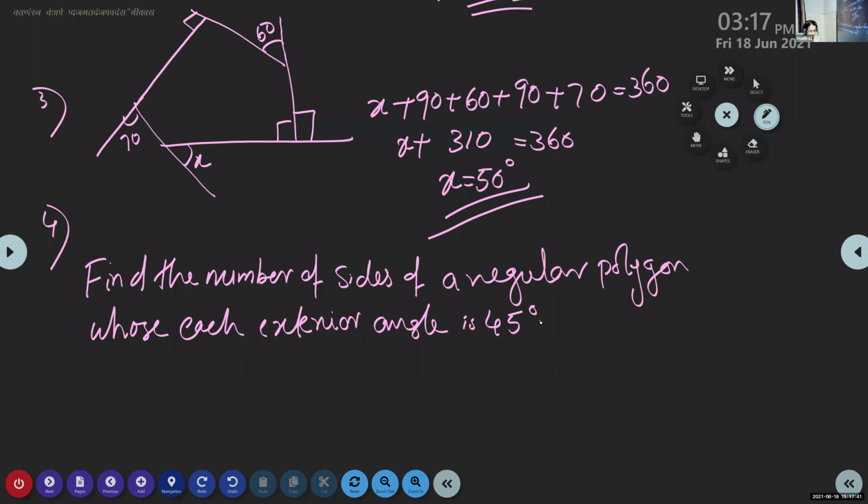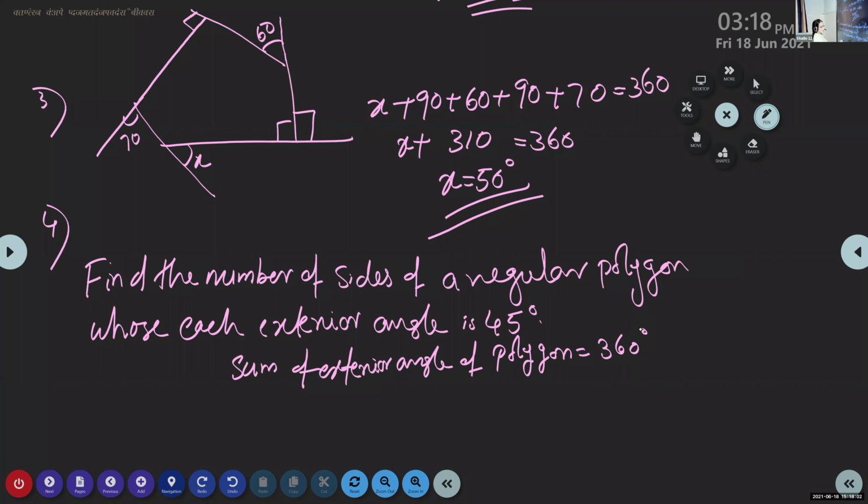So you write: sum of exterior angles of a polygon is equal to 360 degrees.